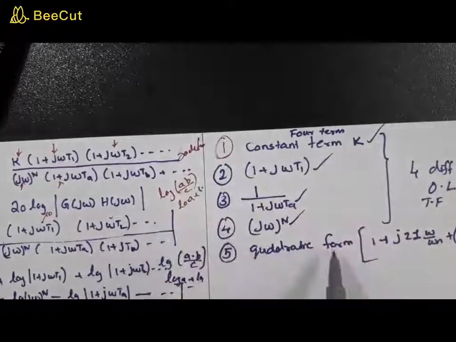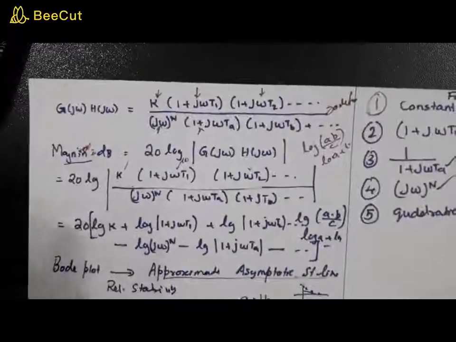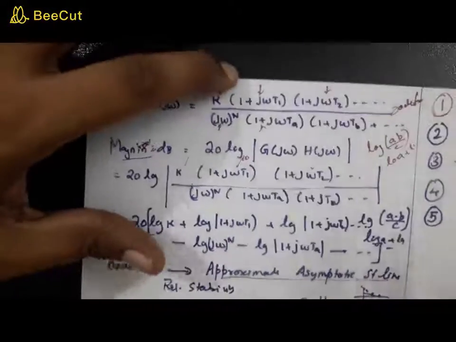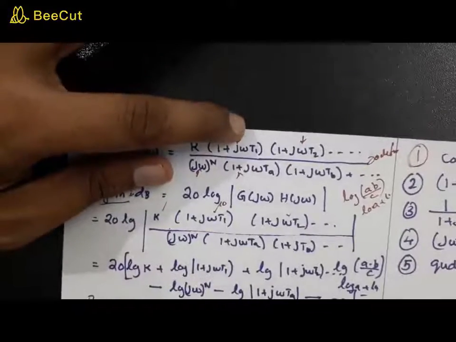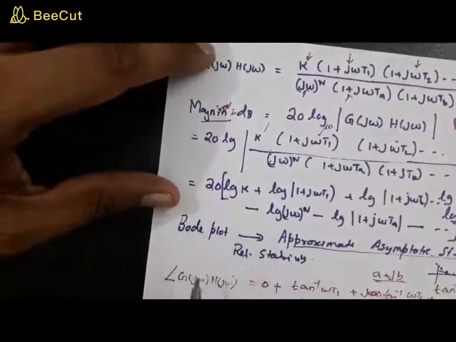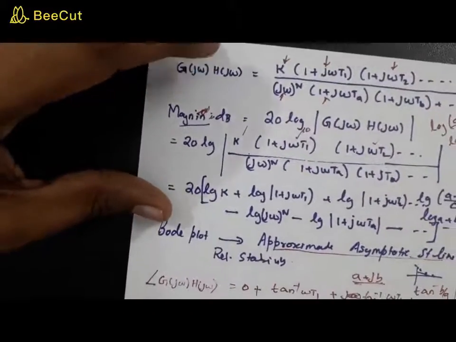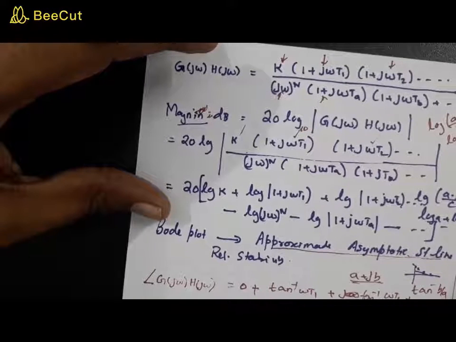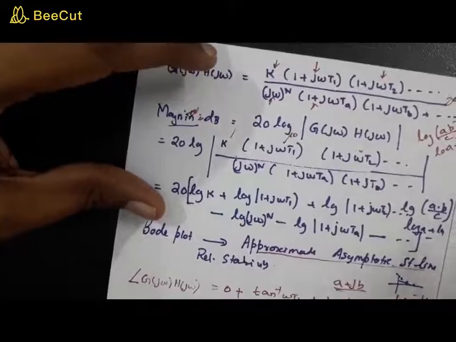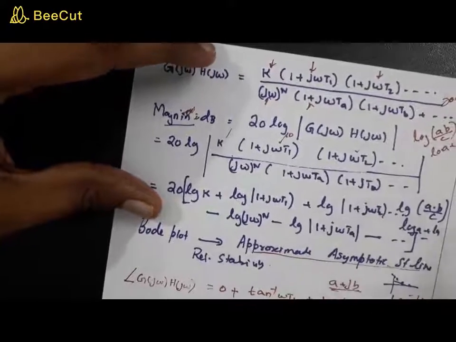Now, what is this actually? You want to find out the magnitude as well as the phase, so we will be dealing with it individually. First of all, we want to know how these terms vary with frequency in magnitude and in phase individually, so that when you start to plot the Bode plot you have that idea, especially for the magnitude plot, of how it behaves with frequency.